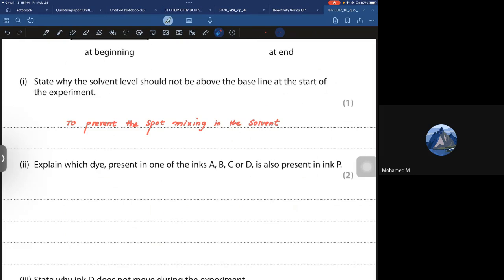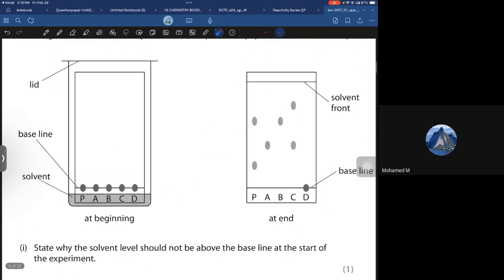Let me. Can you go back up? It is B, because the second ink is ink P. The highest one is also at the same level as the ink in P. This is the first one, this is another one, this is another one.